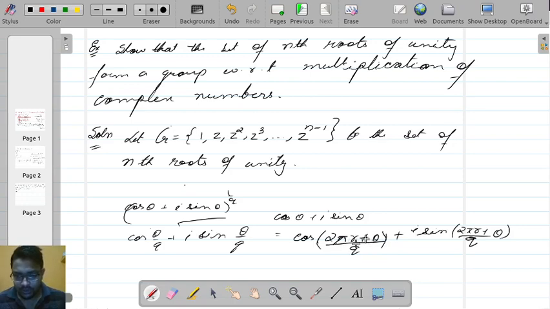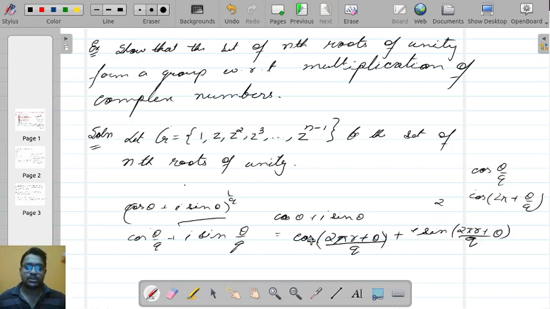For r equal to 0 it is cos theta by q. For r equal to q this value will be cos of 2 pi plus theta by q, which is actually the same as cos theta by q only. So these are the values.